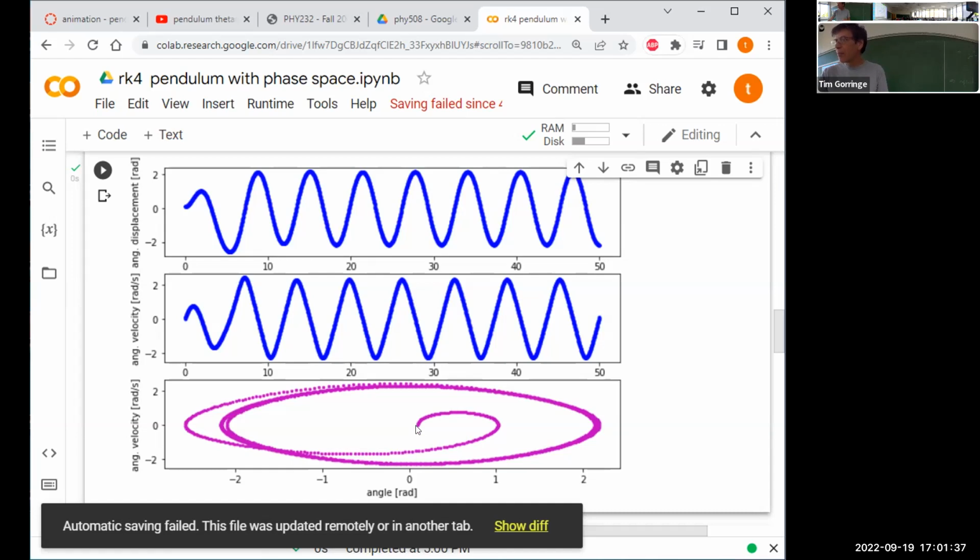This is actually 0.1 radians for the initial angle, I didn't change it, and 0 radians per second for the initial angular velocity. So this is the same starting point as all the previous examples of the undamped and damped pendulum. And then we're just going to evolve. This is the phase space trajectory, just following it around here. And then finally it gets onto this kind of smoother oval.